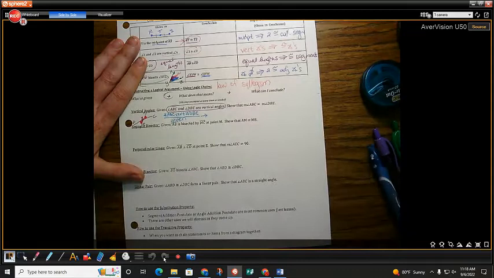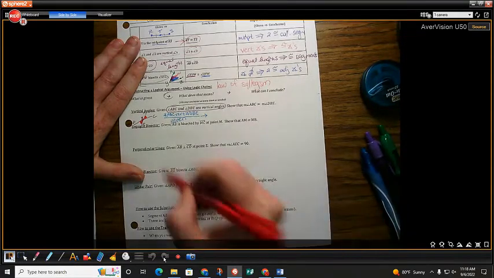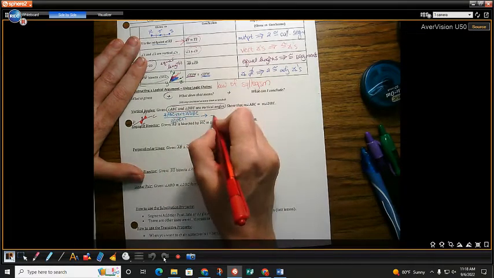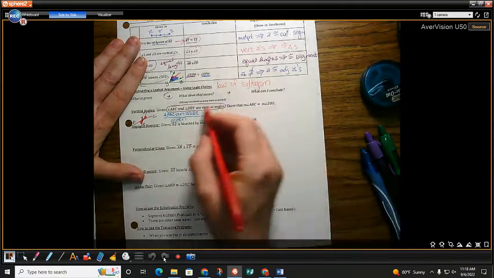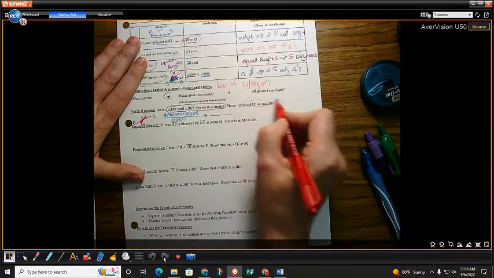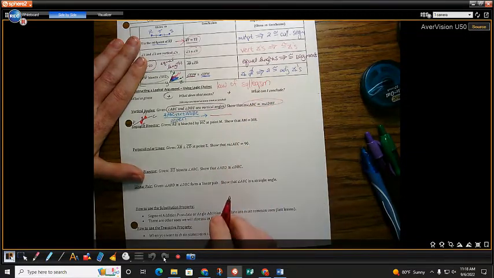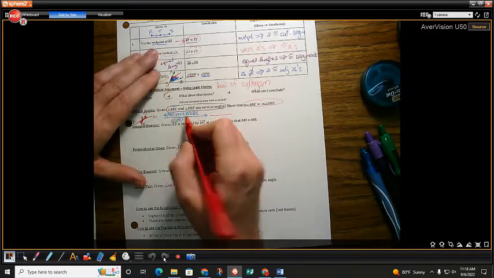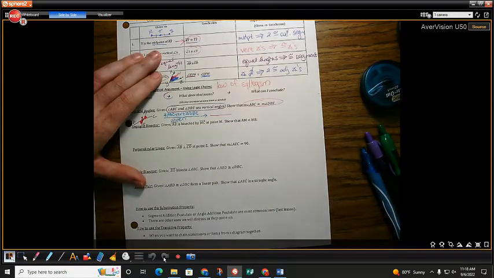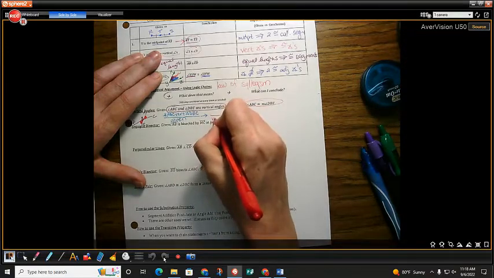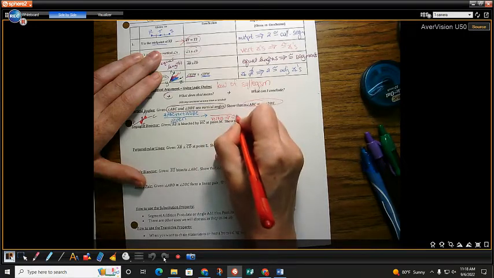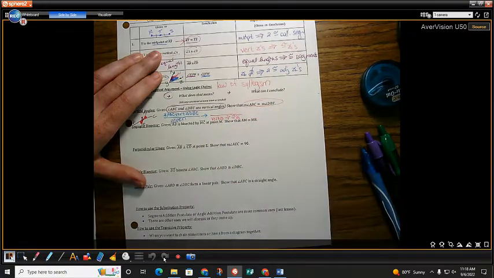And then I'm going to ask myself, okay, I have vertical angles. What's a rule I have with vertical angles? I want to start getting to where my angles are equal. So what's an implied statement that takes my vertical angles and gives me something else? Vertical angles imply congruent angles. That's my general rule.